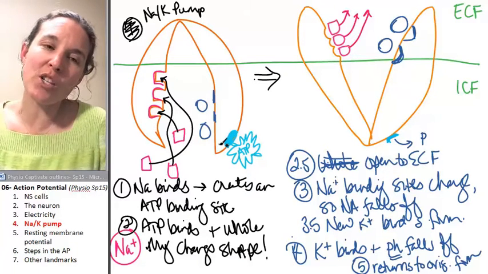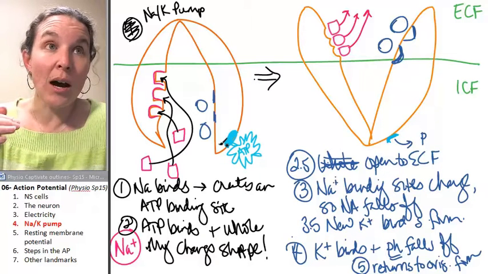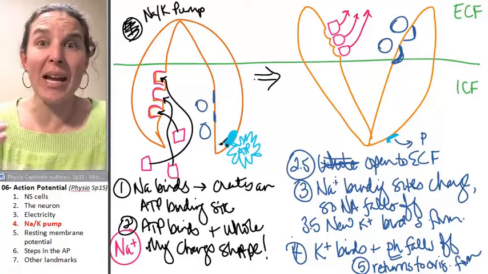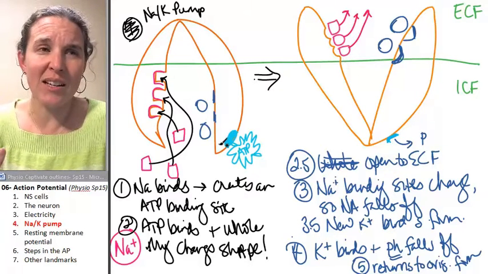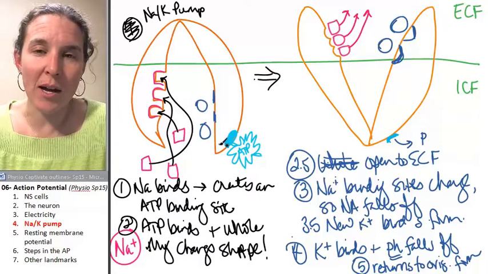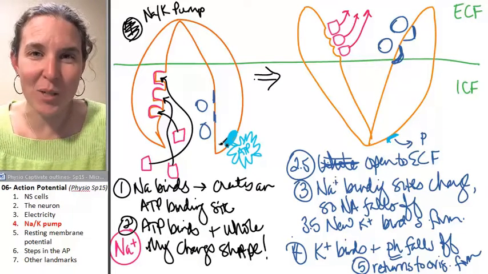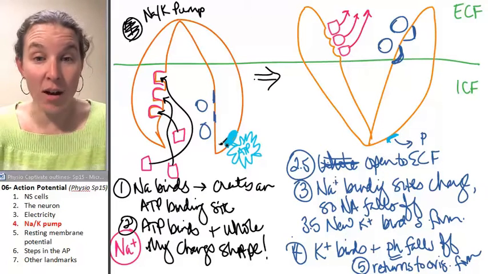Okay, so we're going to do a thing called a membrane potential. We're going to build or create, I don't know what word to use. We're going to somehow make an action potential, a membrane potential in our neuron.